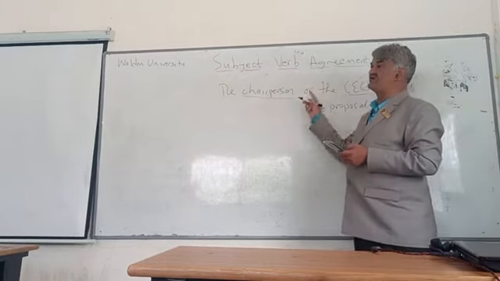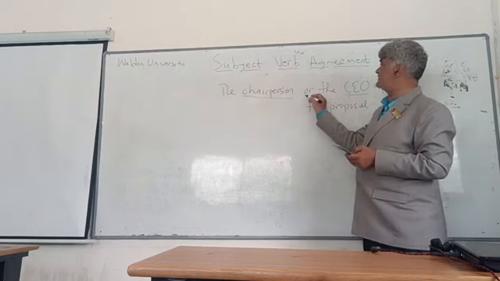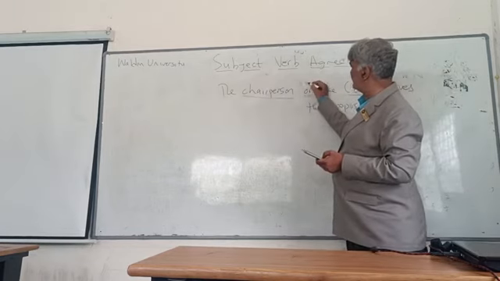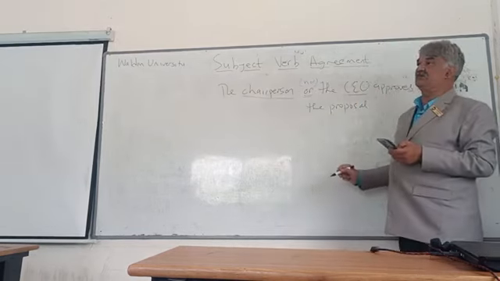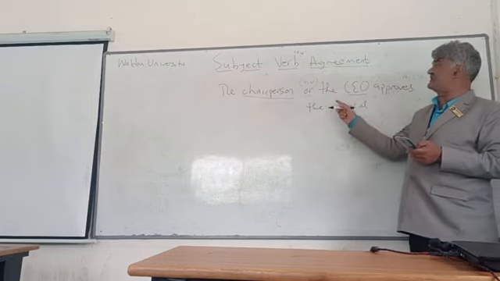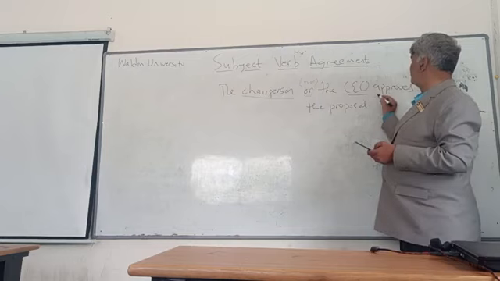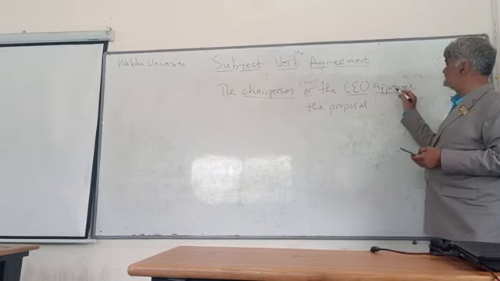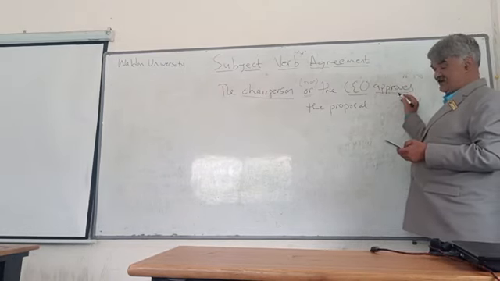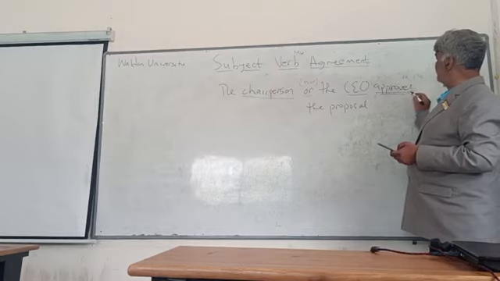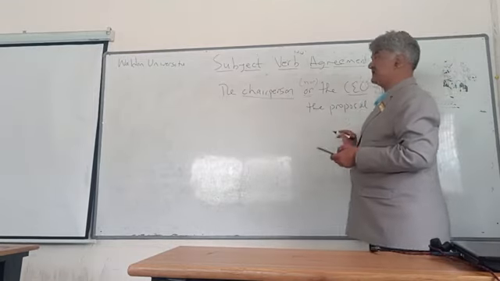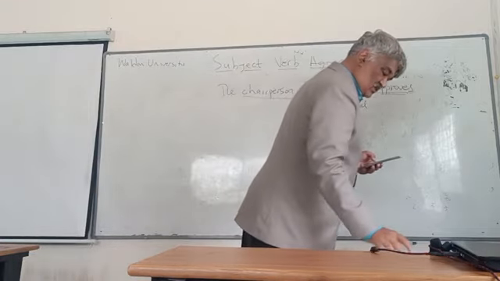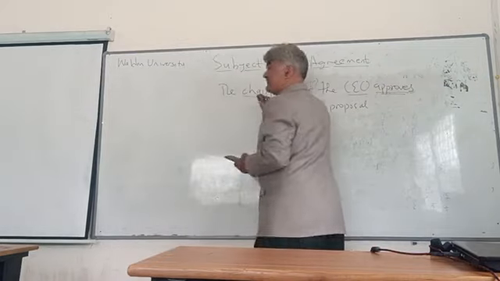They are connected by or, or it can be connected by not. When two or more singular nouns or pronouns are connected by or not, the verb will be singular. Okay. So approves ends in S, so it is singular, right? So these are two singular nouns, okay?